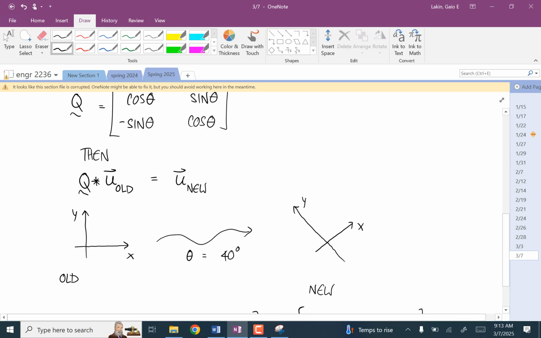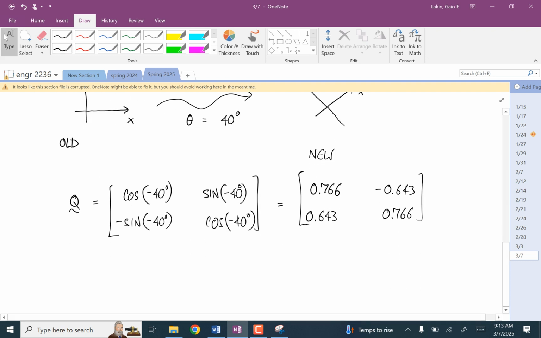Does everyone see that? Now it's my new coordinate system. That makes it a counterclockwise rotation, which makes all these positive angles, and that switches the signs of these.